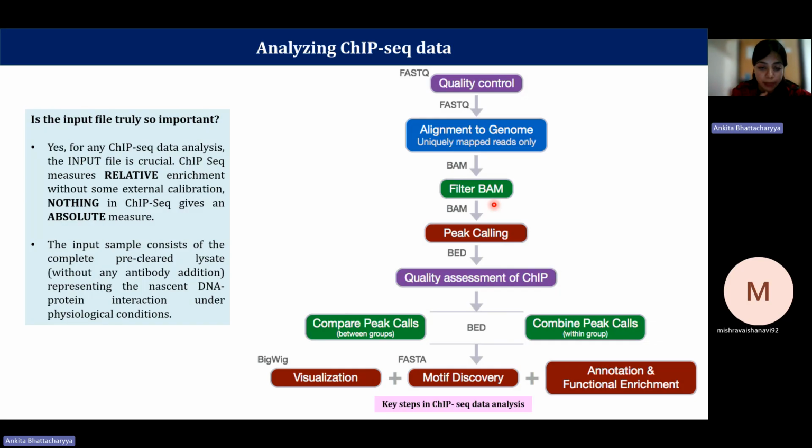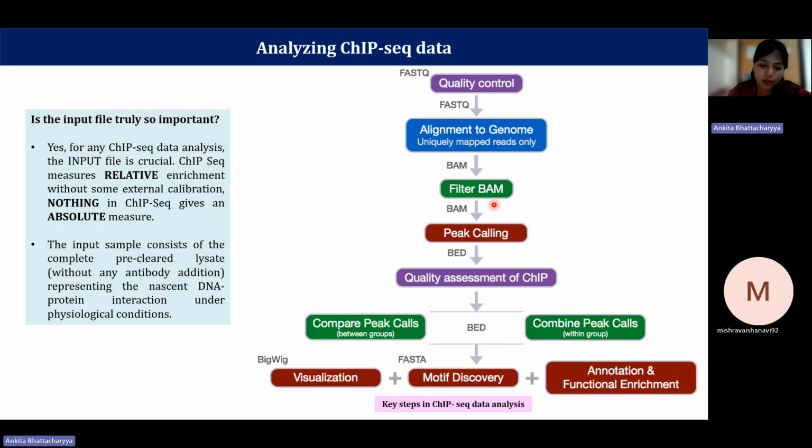Then you can get the BED file from that, you perform quality assessment, and you will get an idea as to what region has gotten enriched when you align it to the regular human genome. You'll be able to figure out that there is X-fold enrichment over the input, which means that compared to input, when I am precipitating my protein of interest, these XYZ fragments of DNA are getting enriched, which represents regions where my protein of interest is binding to the genome.